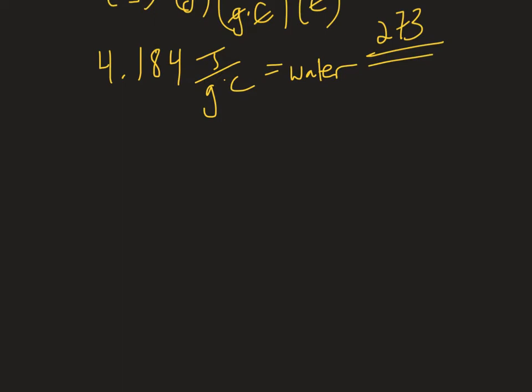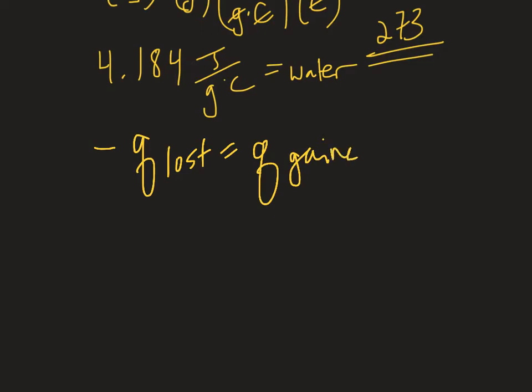That said, what I like to do is I like to think of the following paradigm. Minus Q lost equals Q gained. Meaning, with calorimetry, typically we're measuring the heat lost by a reaction, and it's gained by the solution that the reaction takes place in.